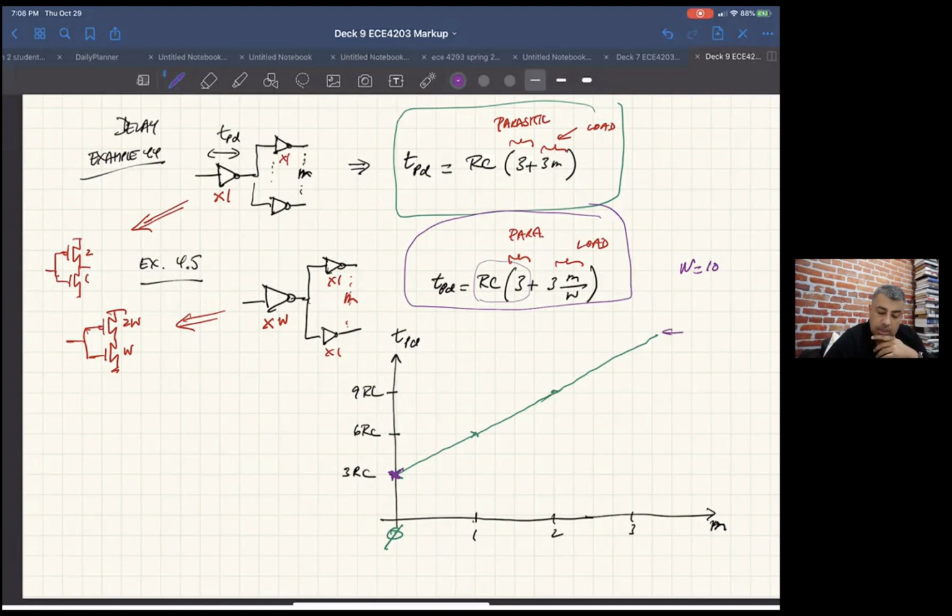Then it'll be 1 over 10, so it'll be 3.3, somewhere here, and the 2 will be somewhere here. So it'll be another line. This is W equal to 10, and this is W equal to 1.